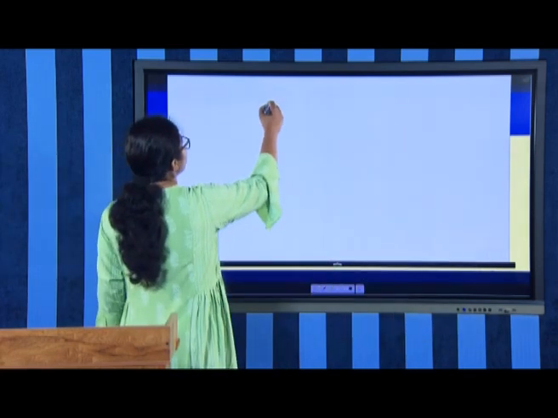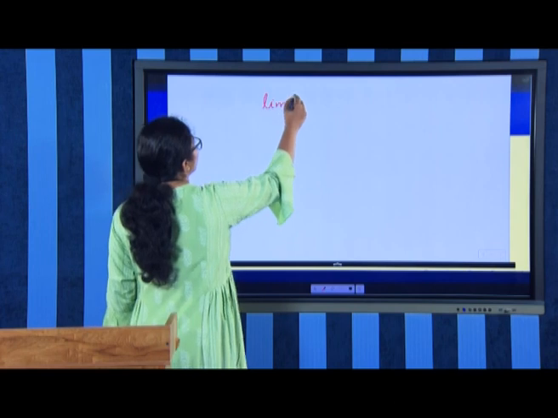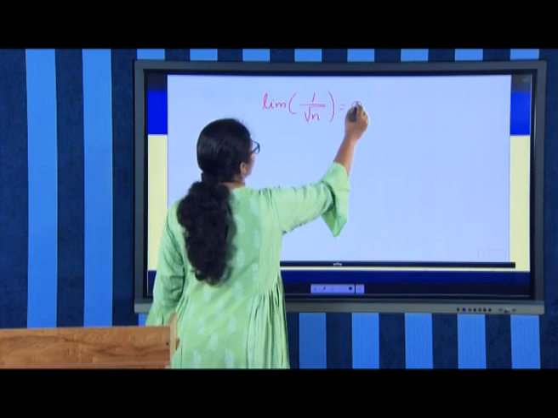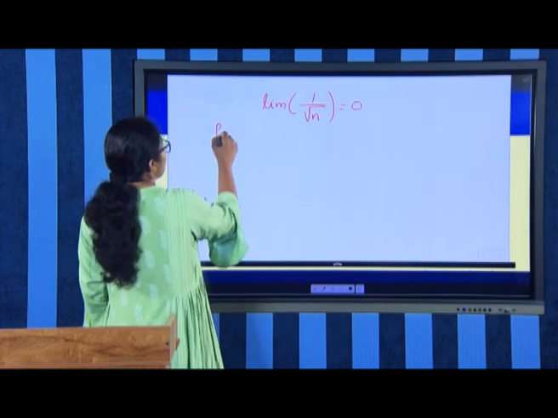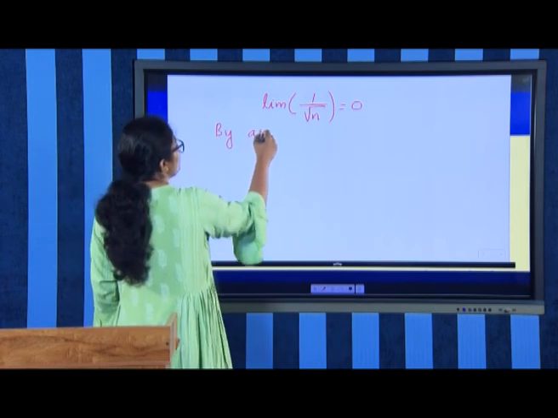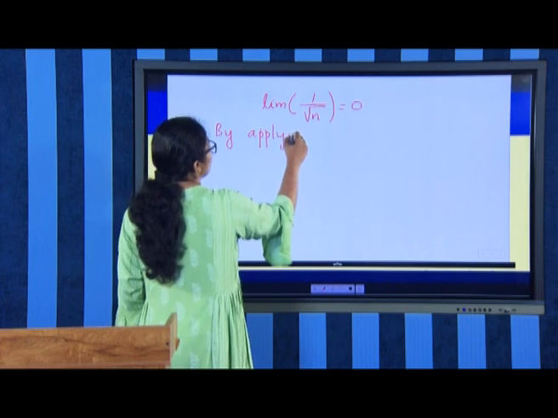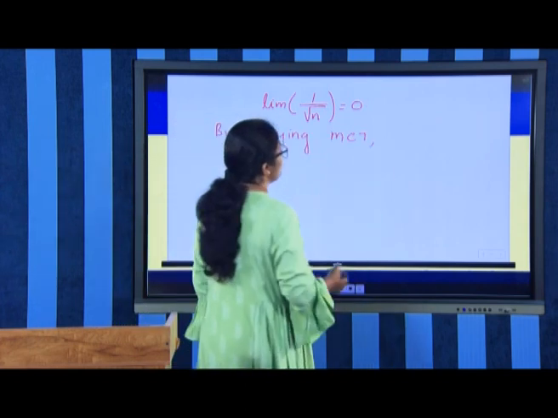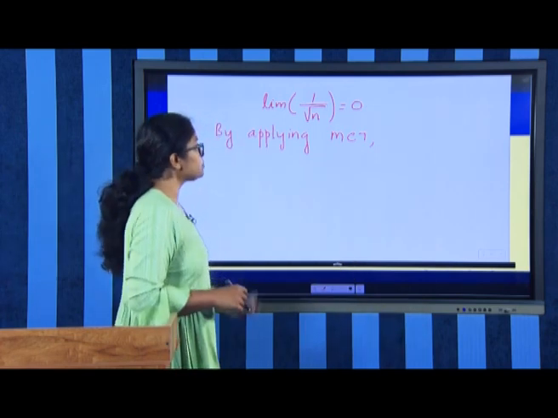To show that the limit of 1 by root n is equal to 0, by applying the monotone convergence theorem, we are going to prove this result.